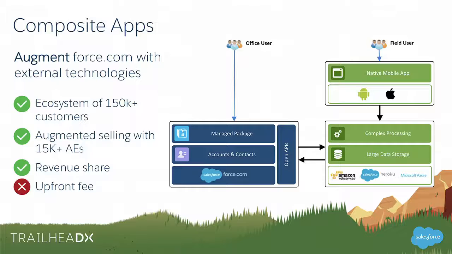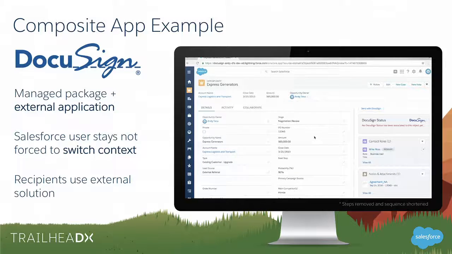So again, composite apps have the same sort of benefits in terms of the customer ecosystems, the augmented selling. Because we have the managed package, we can do the revenue share program on that, and so again, no upfront fees. And a good example of a composite app is DocuSign.